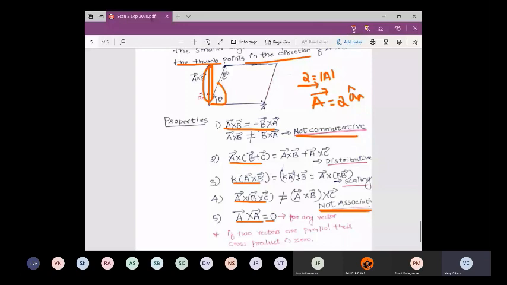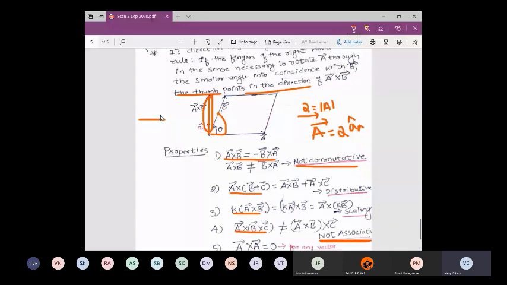If I give one more vector here, vector C, what is the unit vector along it?